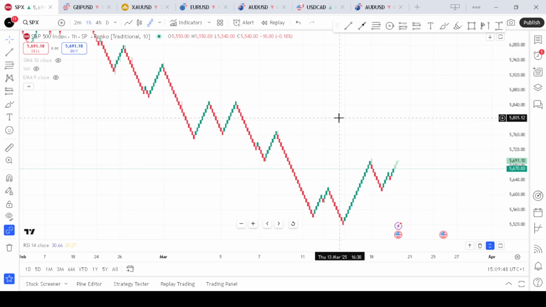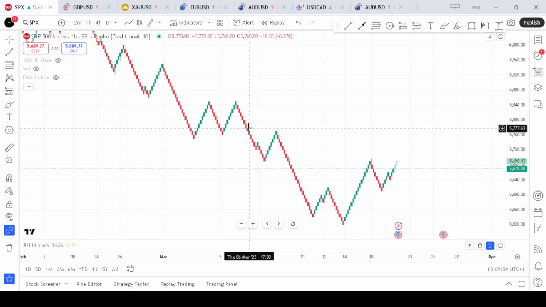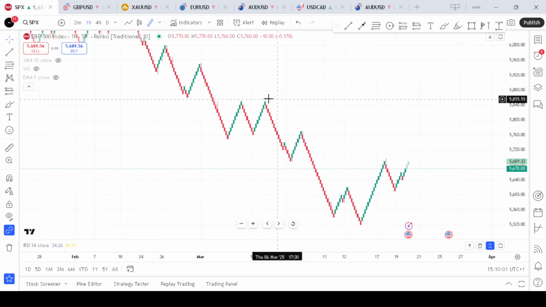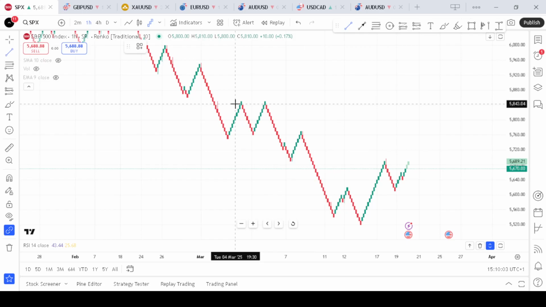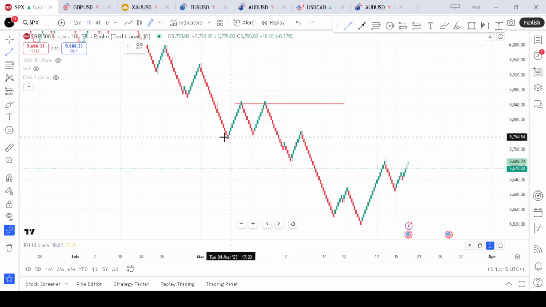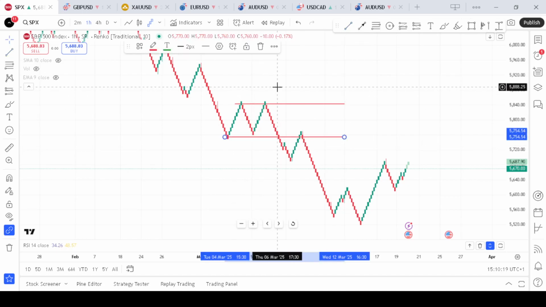The fixed brick size filters out insignificant price movements, allowing traders to focus on stable market movement. The third advantage is it helps us to spot key support and resistance levels. These levels are more often apparent on the RENKO chart, aiding in identification of potential entry and exit points. So these are the advantages of the RENKO chart.